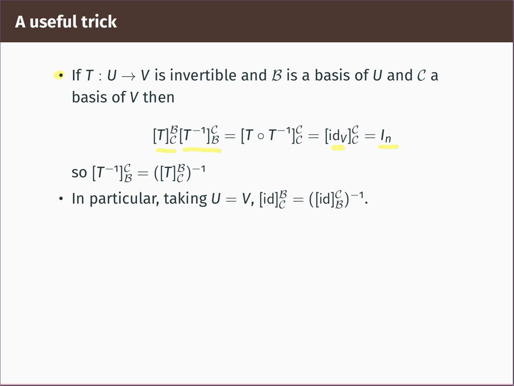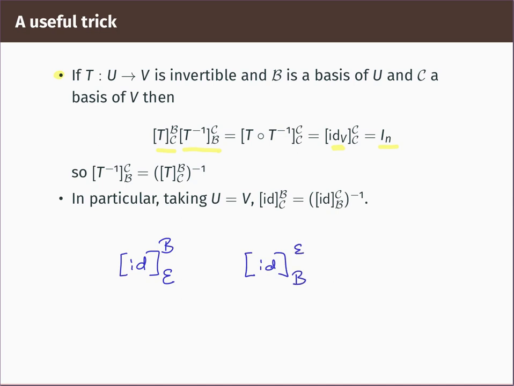Now in particular, if you take U to be equal to V, and if you take T to be the identity map, so the identity map is of course its own inverse, then what this would say is the matrix of the identity with respect to initial basis B and final basis C is the inverse of the matrix of the identity with respect to initial basis C and final basis B. So the problem we looked at the end of the last video was that if we knew the matrix of the identity with respect to some initial basis and the final basis E, how could we work out the matrix with the bases the other way round?